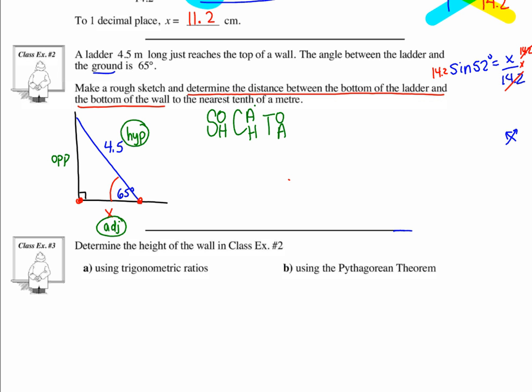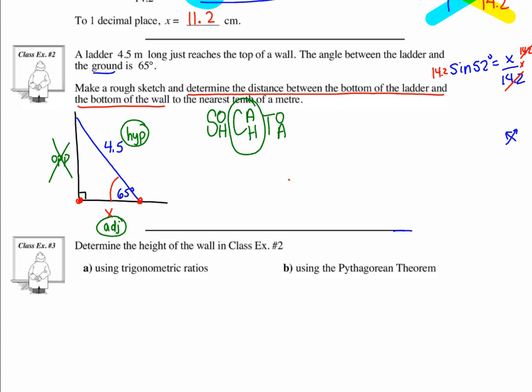Why is it cosine? We have hypotenuse and we're looking for adjacent. So we want to use the ratio that has what we have and what we're looking for, those two pieces of information. We're not looking for opposite, so we don't need it. We don't even need to label it.